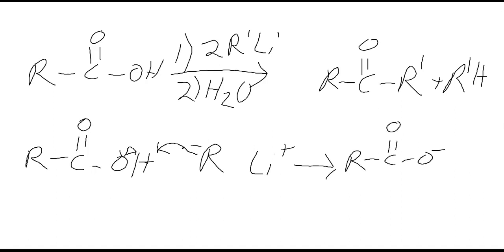It generates a carboxylate. That carboxylate, we can associate that with lithium. So a carboxylate salt. But then that carboxylate can be attacked by the other equivalent of our organolithium, kicking that up.